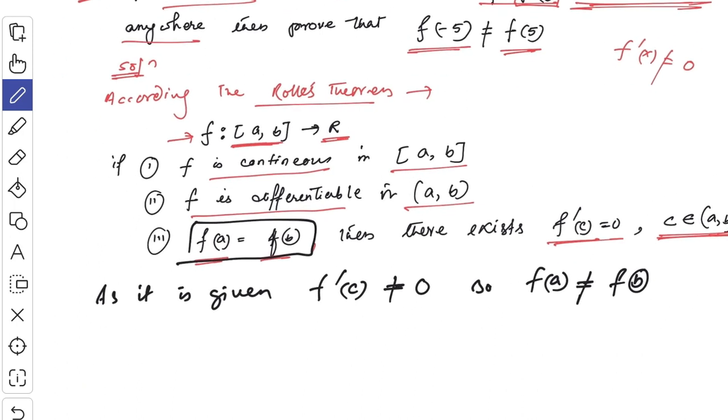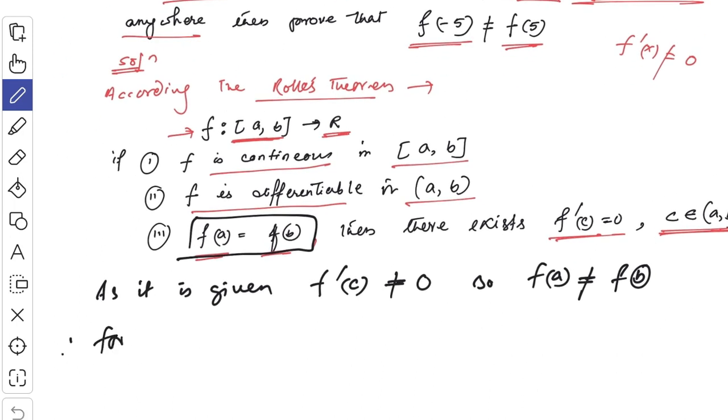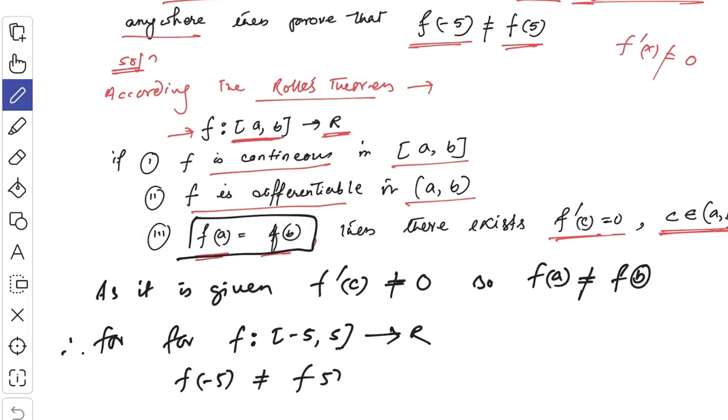Okay, so therefore for this function from closed interval minus 5 to plus 5, and the range is suppose R, f of minus 5 is not equal to f of 5. So hence proved. That's all we should do to verify this or to prove this.